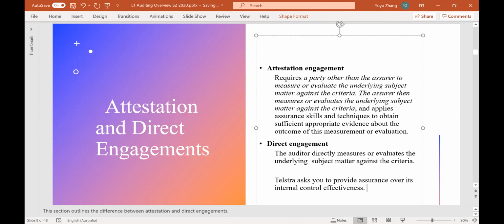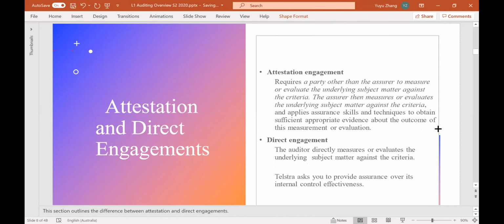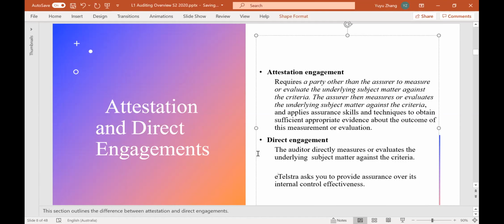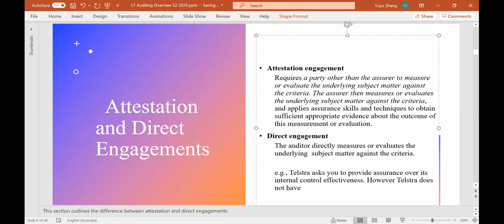You see the screen? I'm typing in the example. However, Telstra doesn't have a report on its internal control effectiveness.